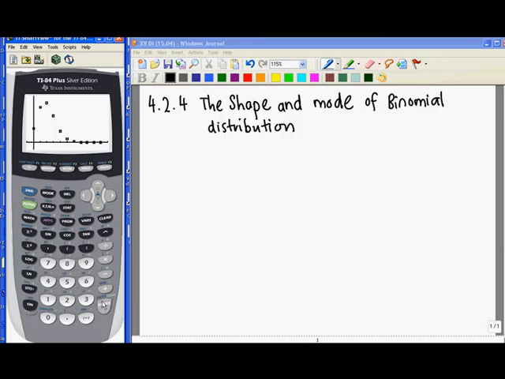This is the shape of a binomial distribution when p is 0.2. Now, let's see what happens when n is still 10, but probability p is now 0.5. Notice now that the shape of this binomial distribution is symmetrical if p is 0.5.